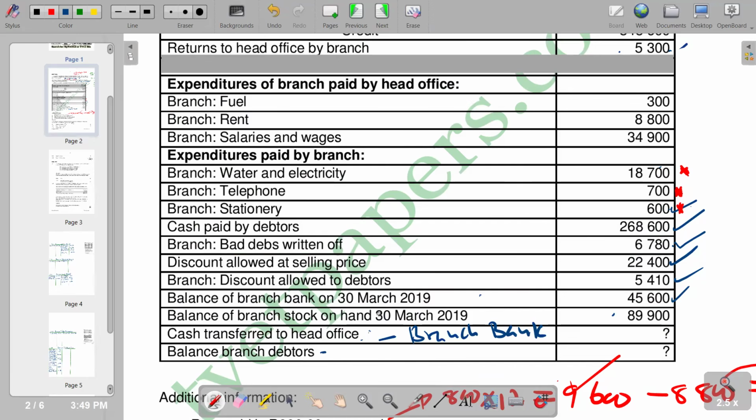So basically, this is what we have on that part. We're going to proceed account by account and close all the accounts that we have.